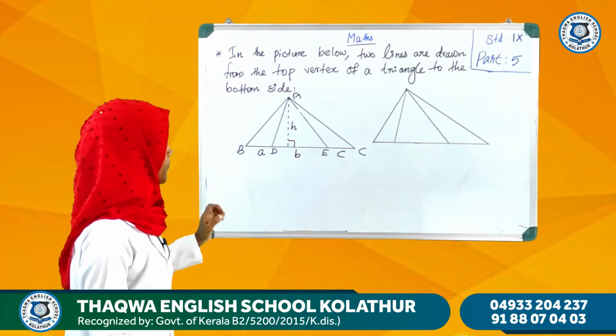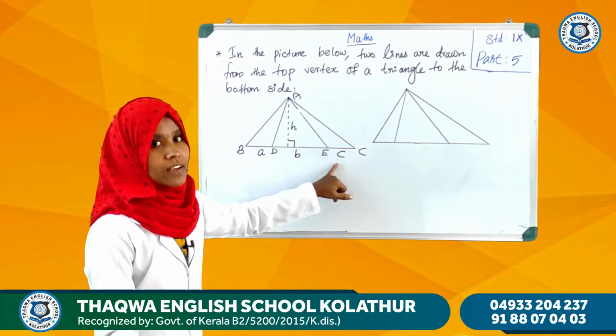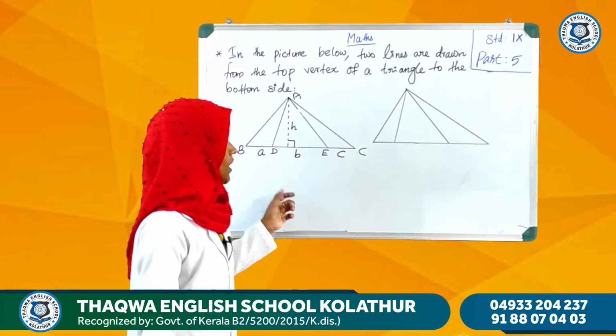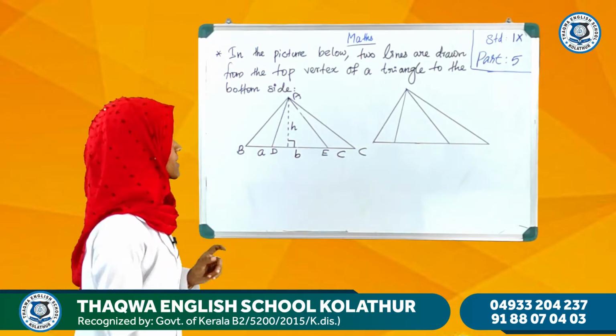Which are they? Triangle ABD, triangle ADE and triangle AEC. Now we have to find out the areas of these three triangles.